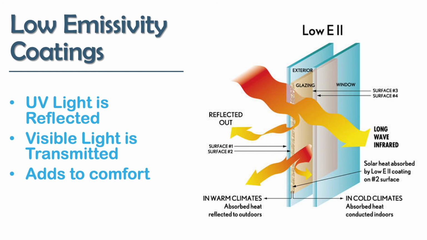Argon is denser than air, and because of that, it is better at reducing the conduction of heat through glass than plain air is. Air is a good insulator, but argon is better. And that means the whole window assembly will have a lower U value. And of course, lower is better when it comes to U value.